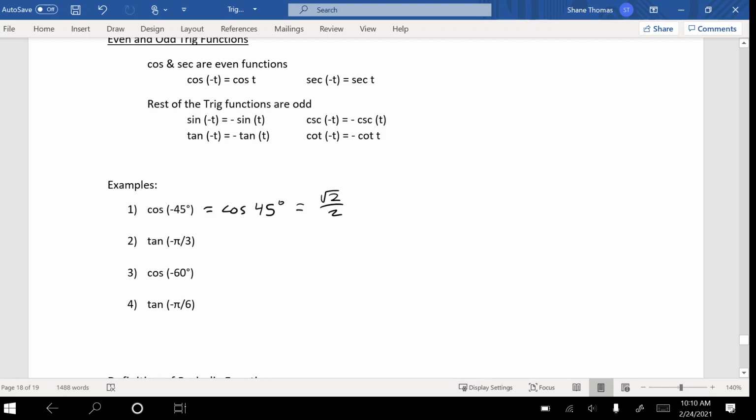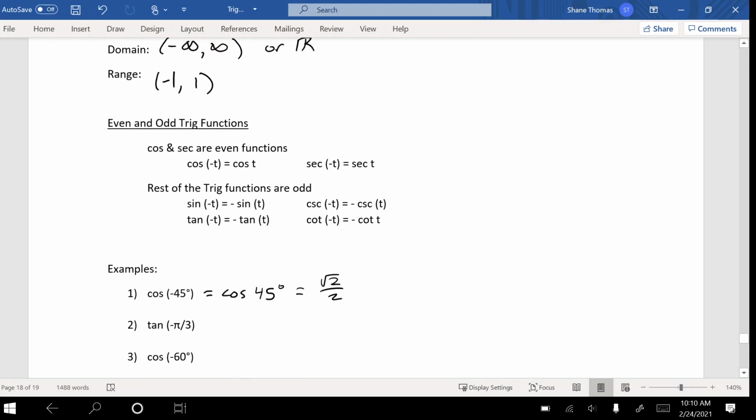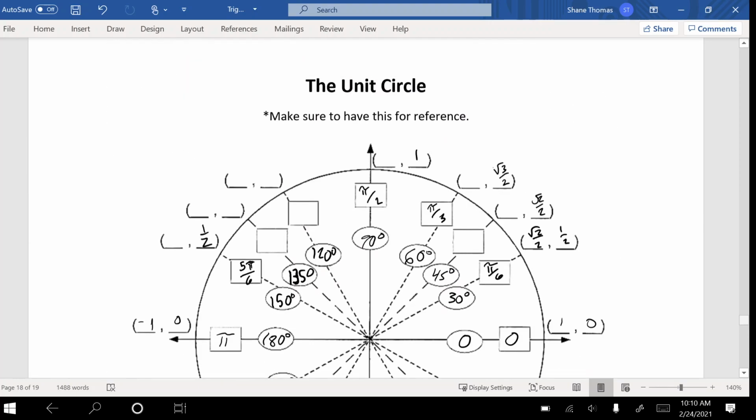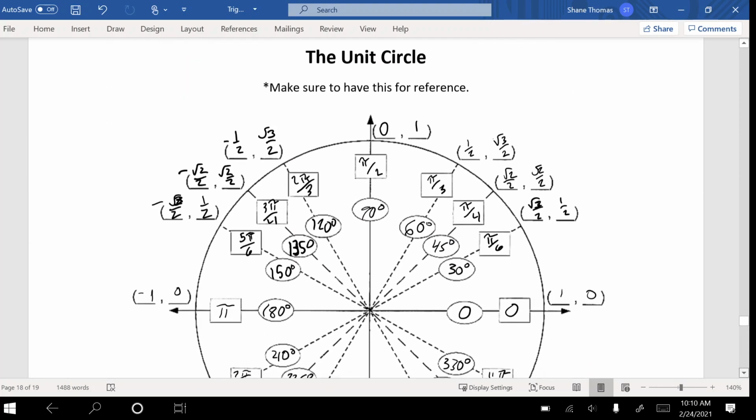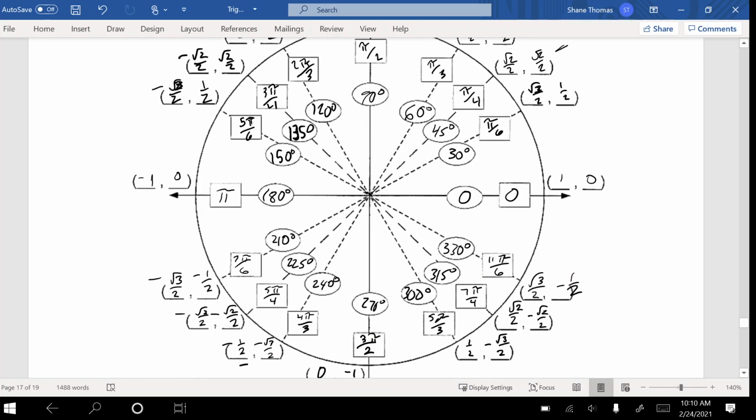Now, let's look at this real quick on the unit circle. All right, now 45 degrees is right here, correct? If I went -45 degrees, all that means is I start here at my origin, and usually we go this way. That means I went this way 45 degrees, correct?